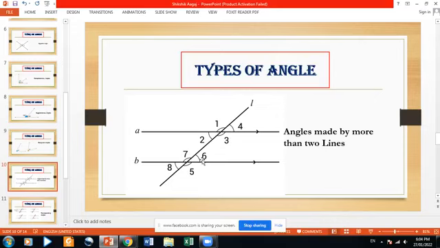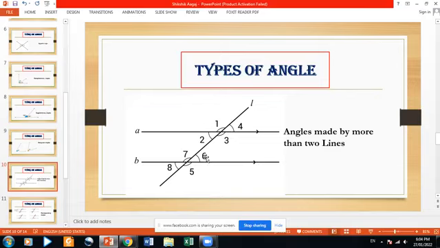Here it will be the same: angle 6 and angle 7, right. Angle 6 and angle 7 will be supplementary angles. What will be the sum of their angles? It will be 180 degrees, because what are supplementary angles? If the sum of the measurements of the given angles is 180 degrees, they are supplementary.